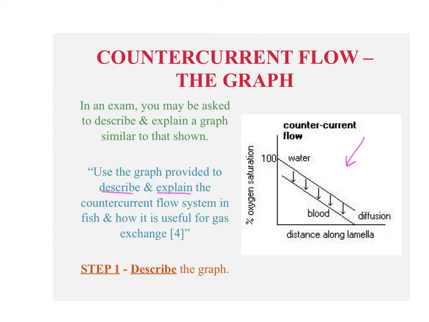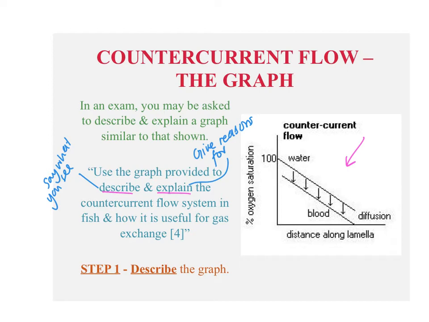I'd like you to have a go at answering this before we take a look at how to do it properly. The first bit is describe, so say what you see. And then it's an explain, so give reasons for why you see what you can see.